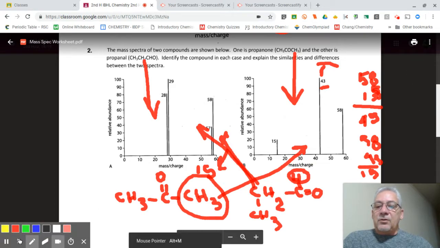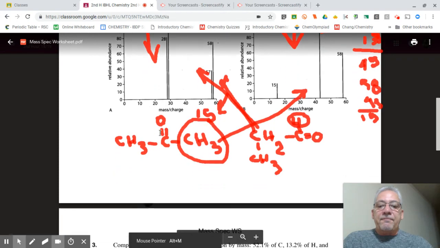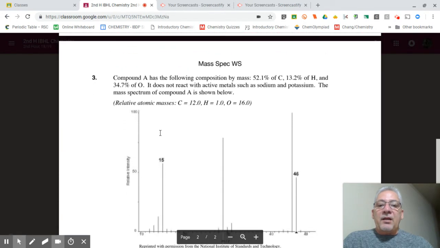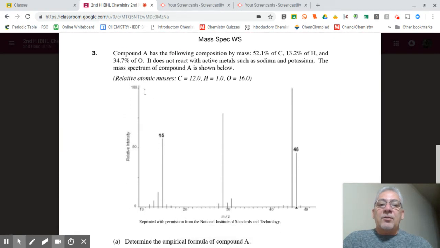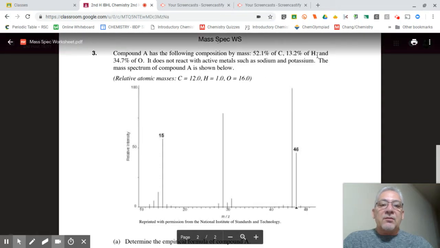So next thing to do is let's go to number 3. They gave us a compound and they gave us the composition: 52.1 carbon, 13.2 hydrogen, and 34.7 oxygen, and they gave us the atomic mass.